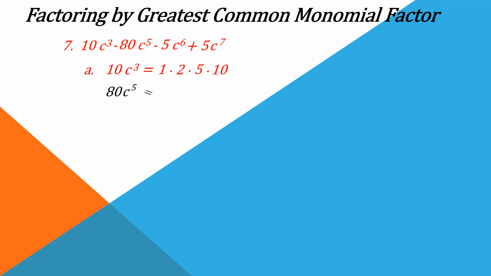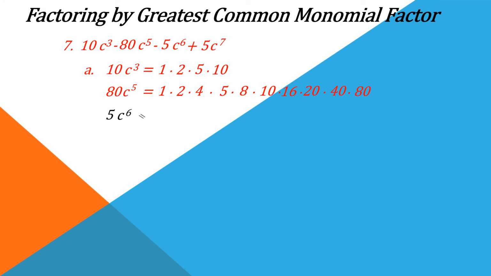For 80c to the fifth, we have 1, 2, 4, 5, 8, 10, 16, 20, 40, and 80. So it means for 80, we have these possibilities of factors: 1 and 80, 2 and 40, 4 and 20, 5 and 16, and 8 and 10.